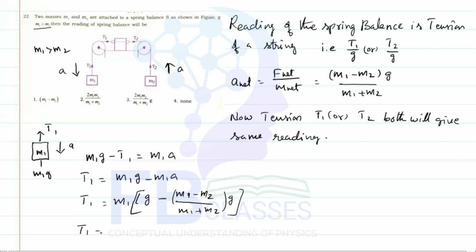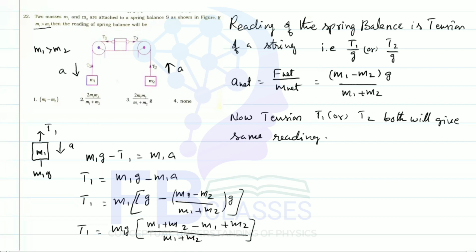So T1 is equal to m1g. If we take common, the remaining is to take the LCM. So it will come as m1 plus m2 minus m1 plus m2, minus of minus plus, so 2m2 upon m1 plus m2. So we took the LCM as m1 plus m2, into g.